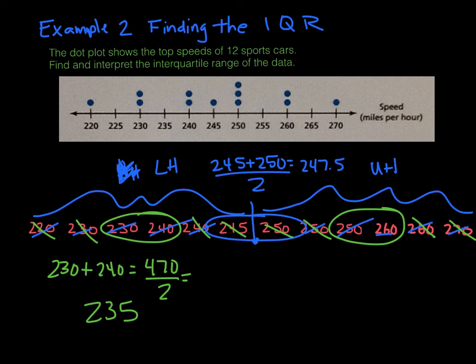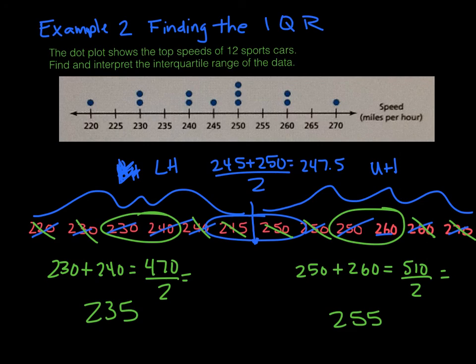Do the same thing over here. Now I have 250 plus 260. I'm going to get 510, divide that by 2, and I should end up with 255. So what I'm seeing is that I've got two different medians, Q1 and Q3, to use to find the interquartile range.